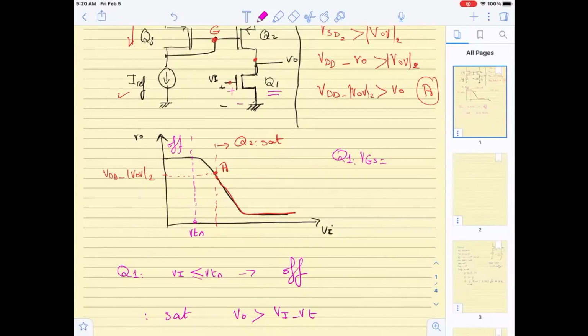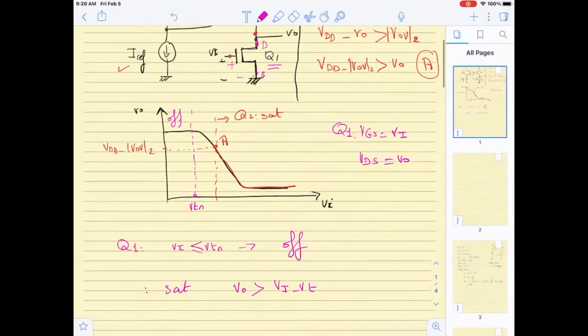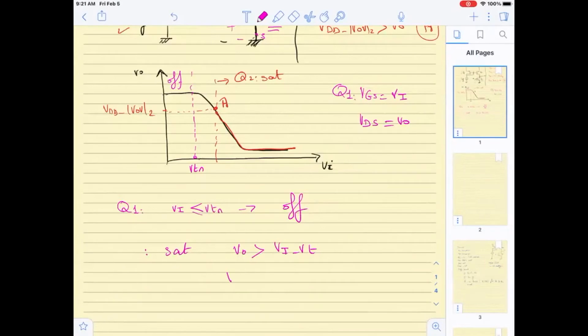This is VGS. It's really equal to Vn, which is VG, right? And what is its VDS? This is D and this is S. VDS is also equal to VO, right?